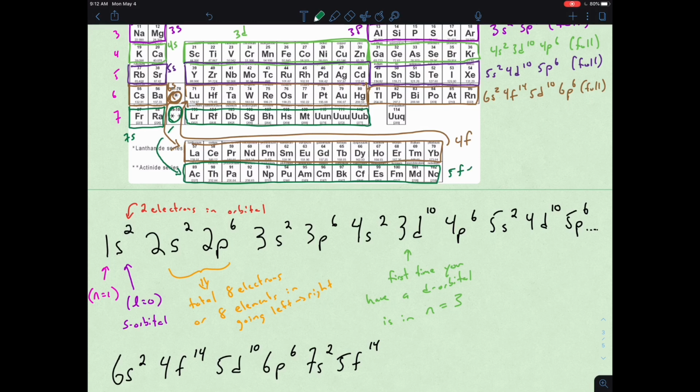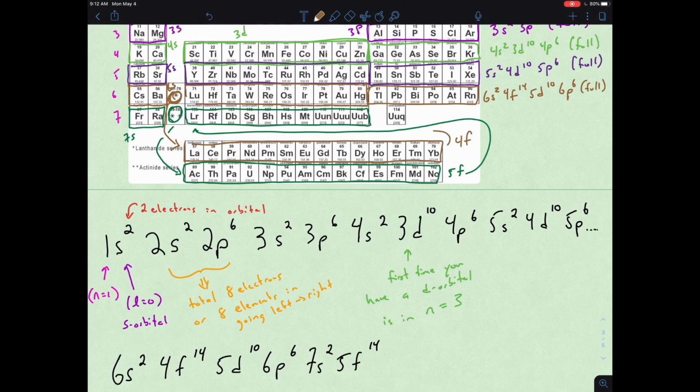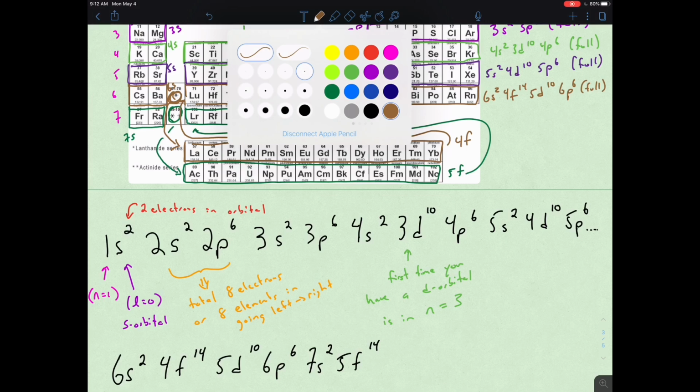So just like with the 4F, we went back and we do the same thing with our 5F. We come back to there just like we did with our 4F, but we were going further up to the lutetium.